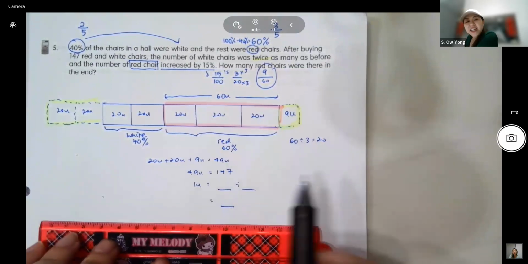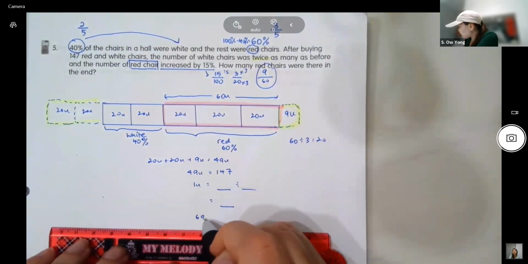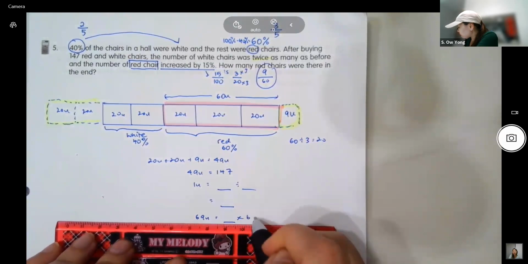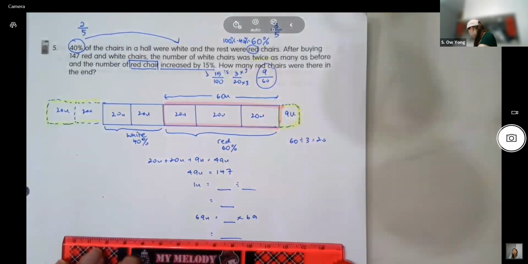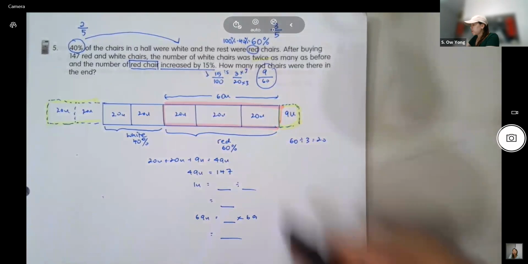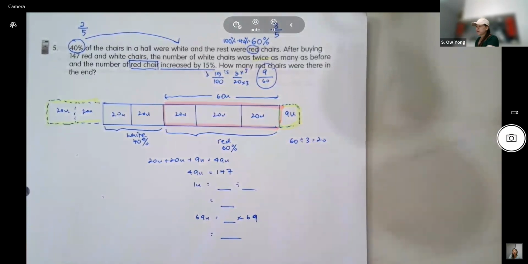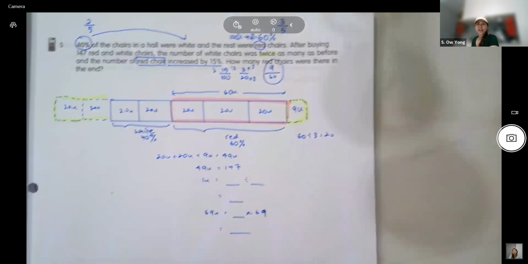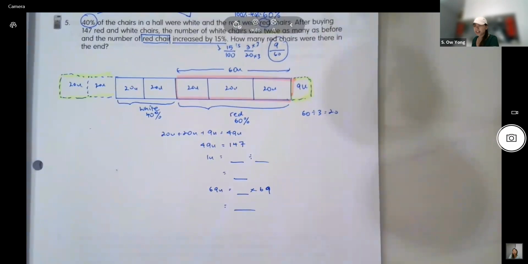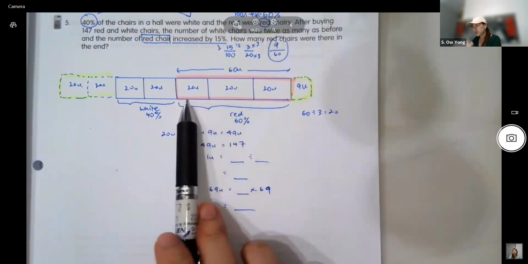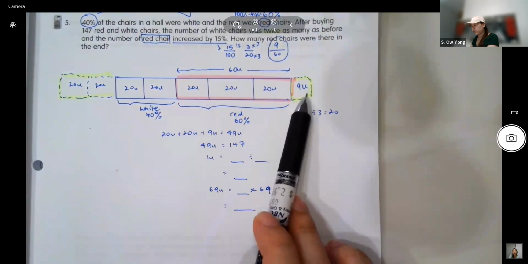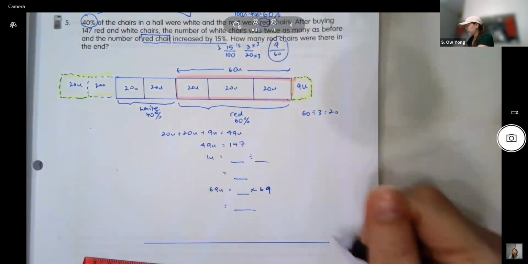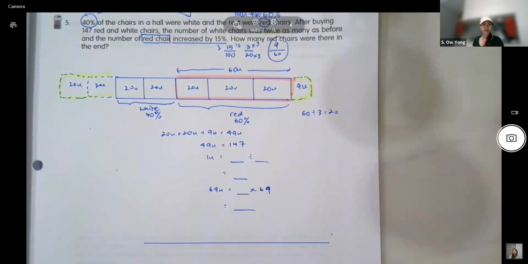The number of red in the end is 69 units. Then you will get the answer. It will be a whole number because they ask how many red chairs were there in the end, meaning you're finding 60 units plus the 9 units on the right. So you write your final statement. Okay, that is for question 5.